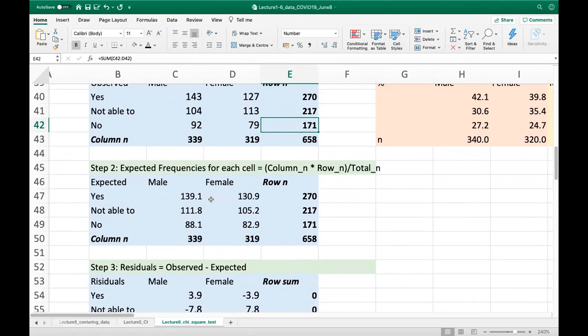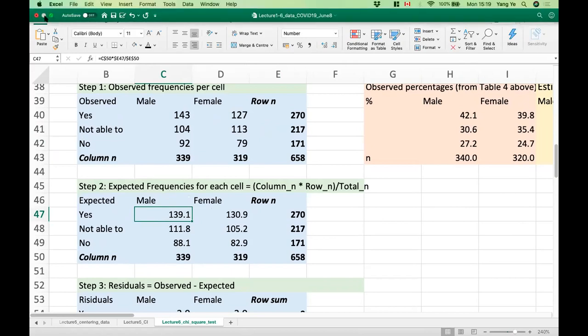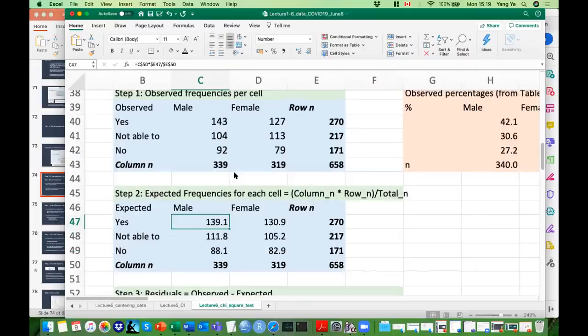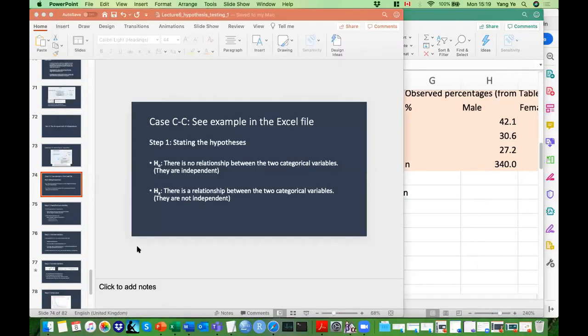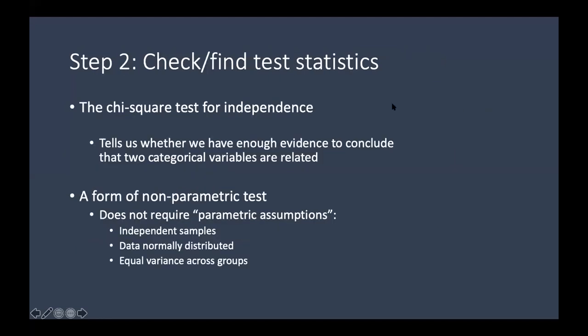In order to do that, we need what we call expected frequencies. So the second step is to acquire the chi-square. Let me explain what exactly the chi-square is before we go back to the data. The second step is to produce the test statistic.